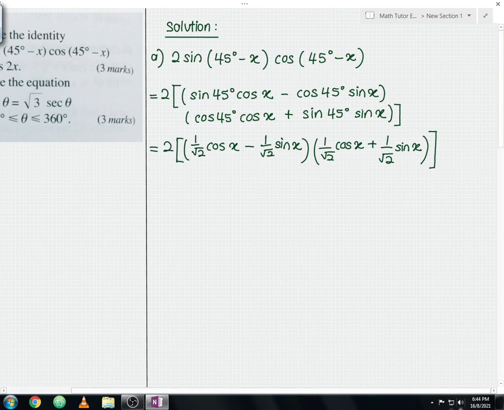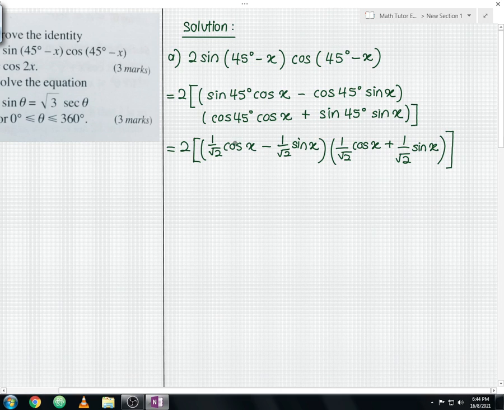From here, if you take a look at these two expressions, it is recalling the conjugate. If you don't know the conjugate concept, let me explain. A minus B, times A plus B, you should get A squared minus B squared. You straight away get this expression, and this is the one we are encountering over here.